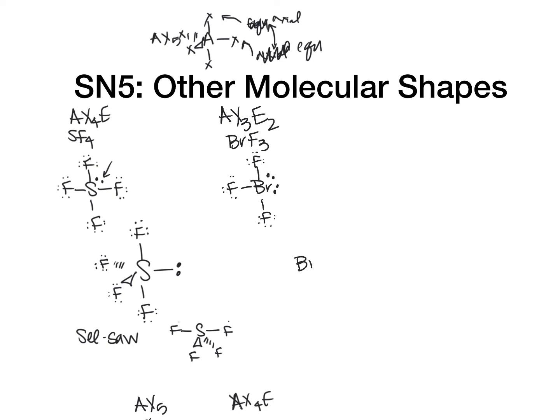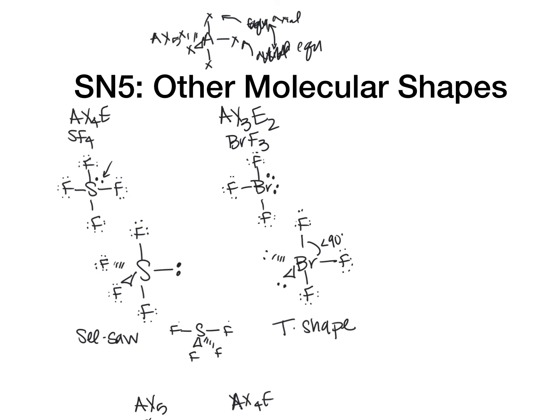We have a bromine in the center. We have our base geometry. And we put our fluorines, and the third one goes here. We have our two lone pairs in the equatorial plane, and so this is also slightly less than 90, but it allows the electrons to have the most space possible without being interfered upon by the other elements, and this is called T-shape.